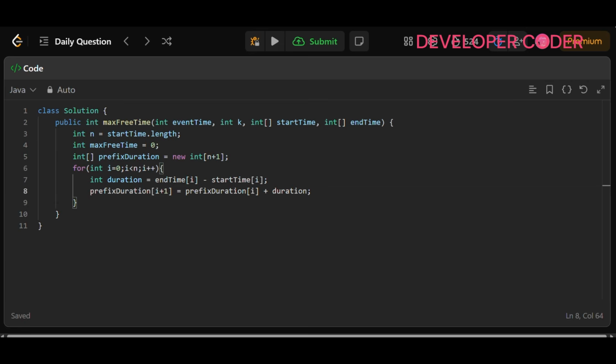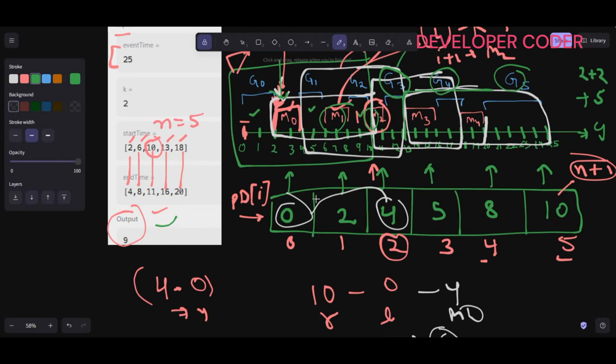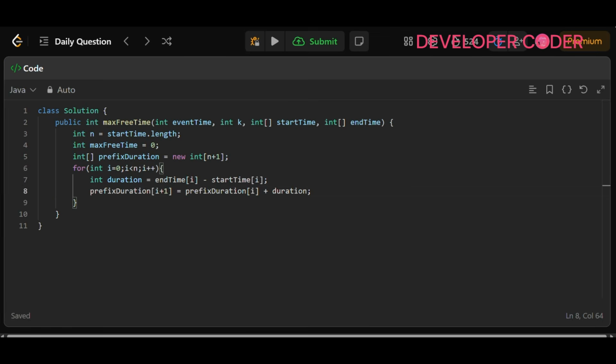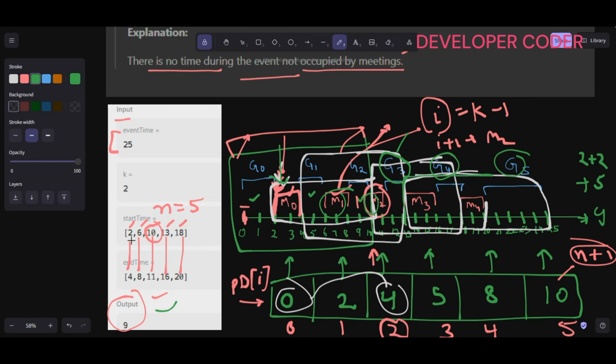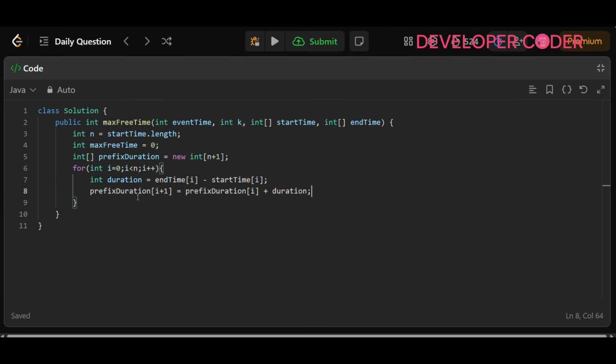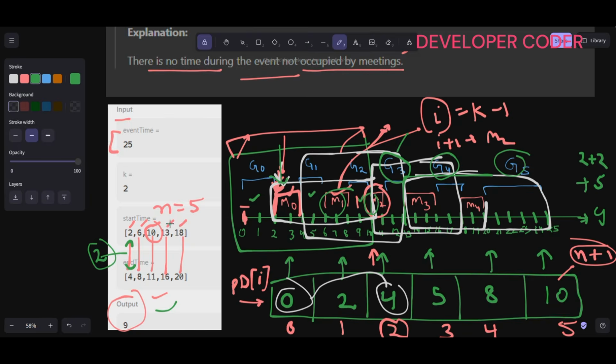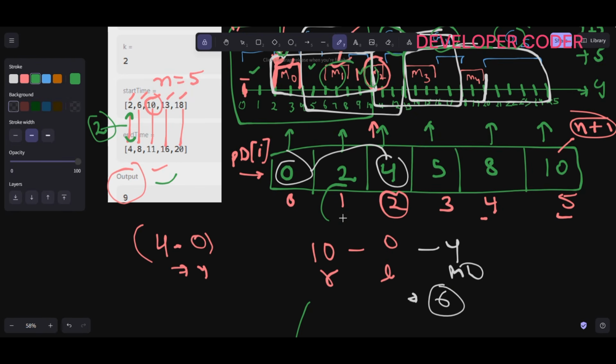So here what you are doing: i is equal to 0, you are running one loop, i less than n, i plus plus. Duration is end time minus start time, which is nothing but 2. So the prefix sum of i plus 1, that simply means index 1.